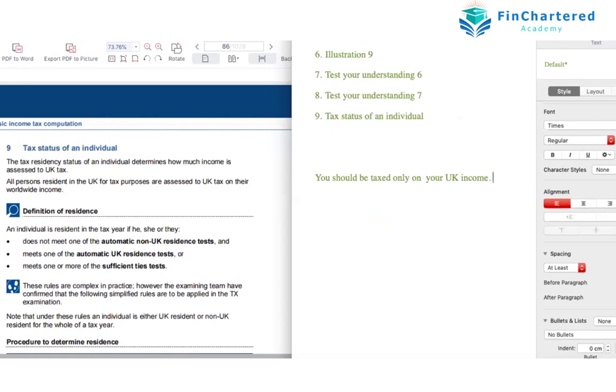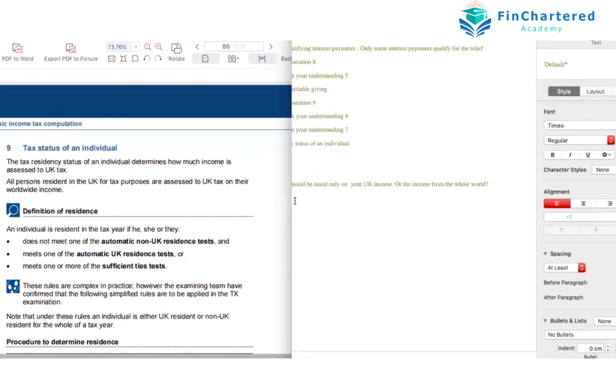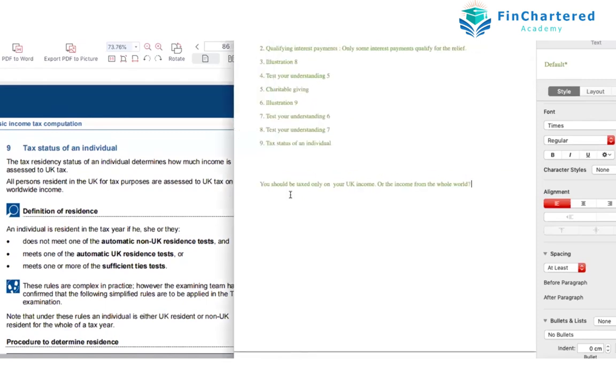You have income in UK, but you also have income in US. So we are looking at should we only tax you on your UK income or the income from the whole world? This is one important question that we are considering. Right? Are you understanding what this is?